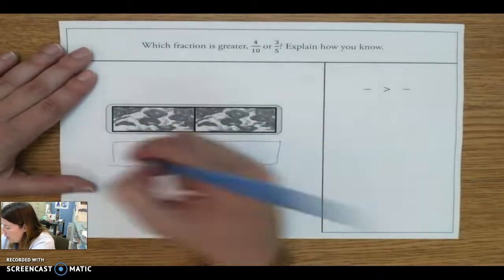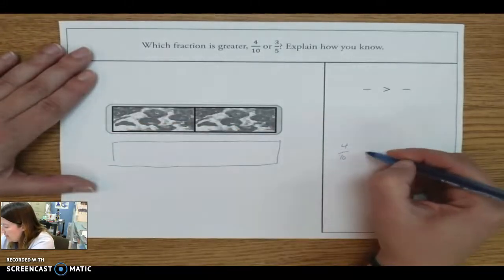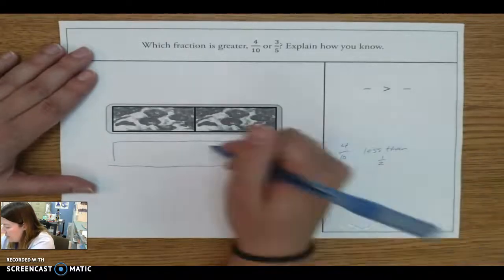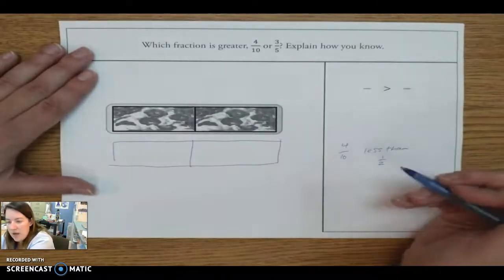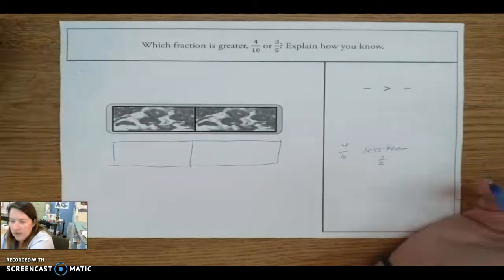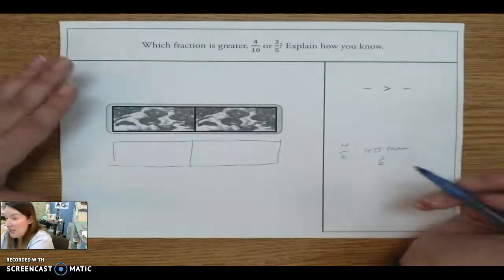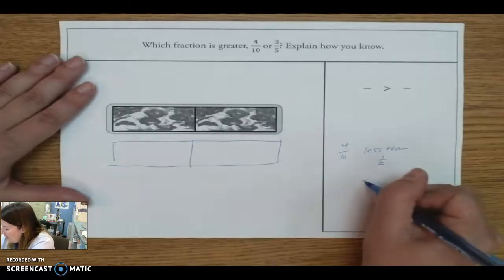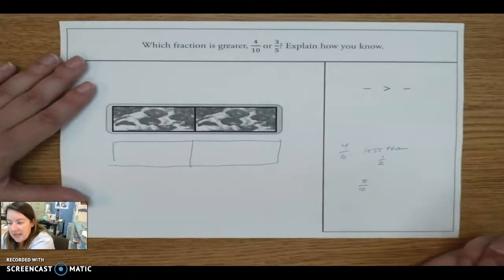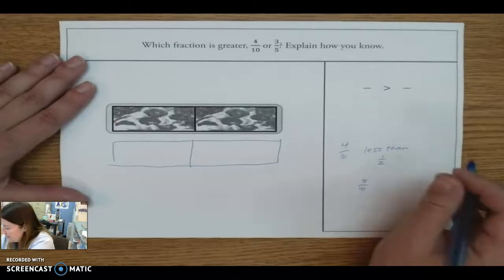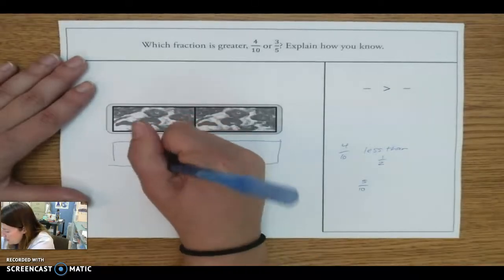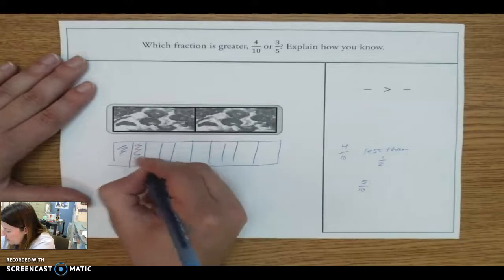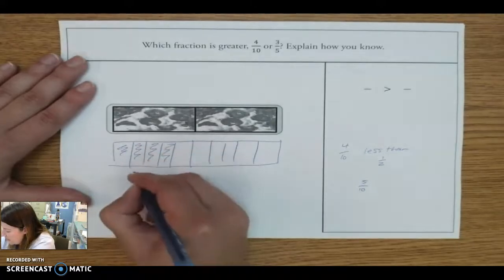We already know 4/10 is less than a half because I told you, you're listening, that the half mark would be 5/10, because 5 is half of 10. So there's our tenths, 1, 2, 3, there's our 4/10.